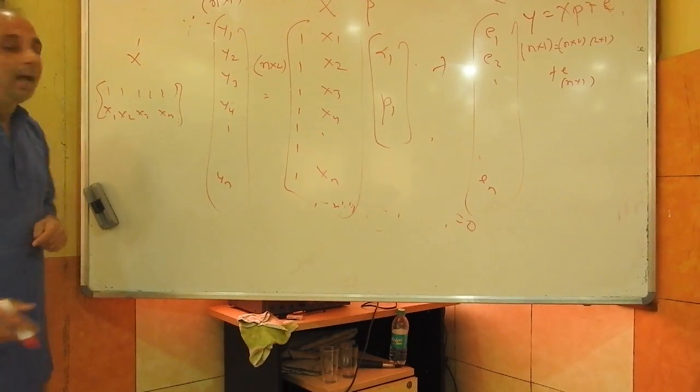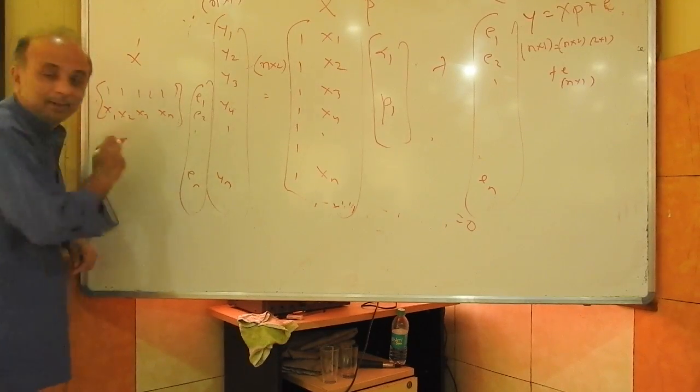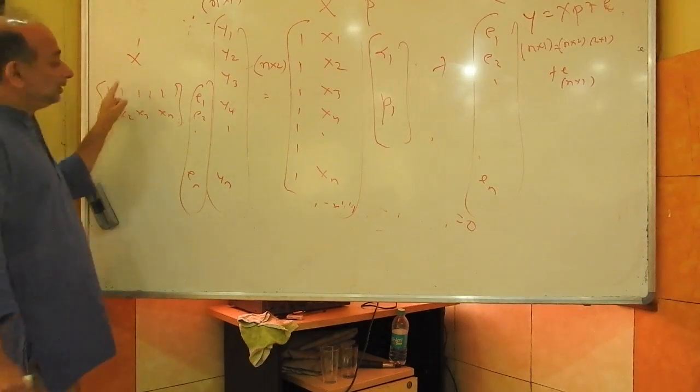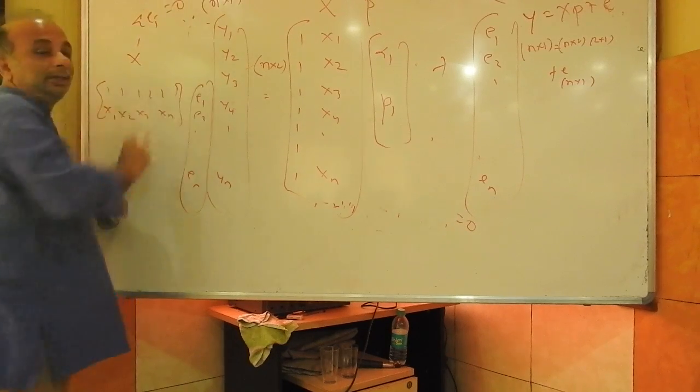Now I multiply it by e1, e2, e3, en. So the first equation. First what will it be? First row, first column, what will it be? Summation ei. So summation ei, I know I have to set to 0.